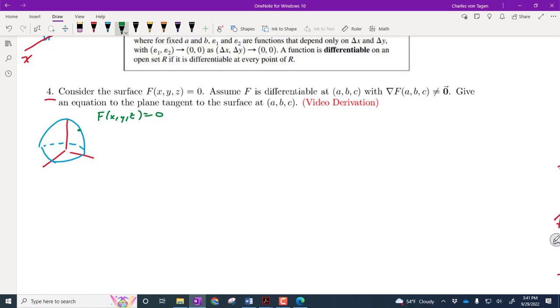So careful, folks. This function lives where? R4. But this trace lives where? In R3. Okay. So this is a level surface. And if I go to compute the gradient of this function, what's the gradient going to be? It's going to be a vector of how many dimensions?